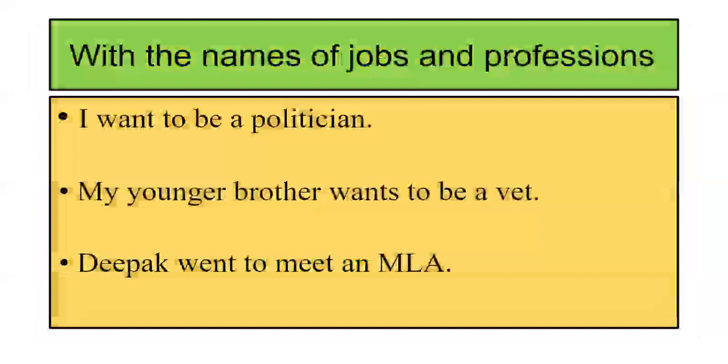The word MLA begins with a consonant letter, but the sound is a vowel sound. Therefore, article an is used before MLA. Now, children, the rule for using article a and an is quite simple. Use a before words that begin with a consonant sound and an before vowel sounds.